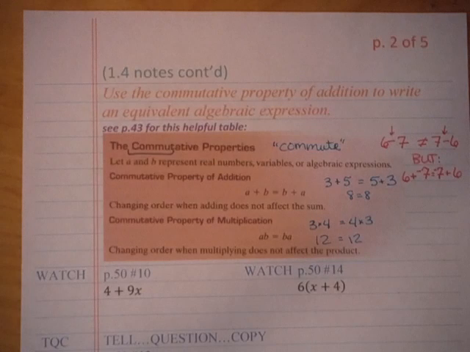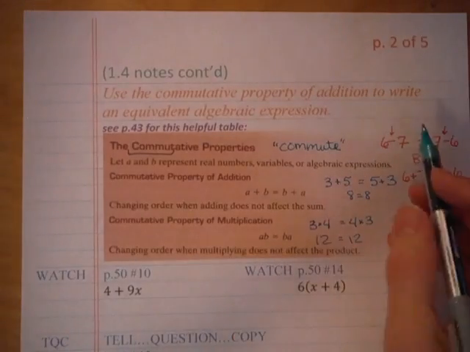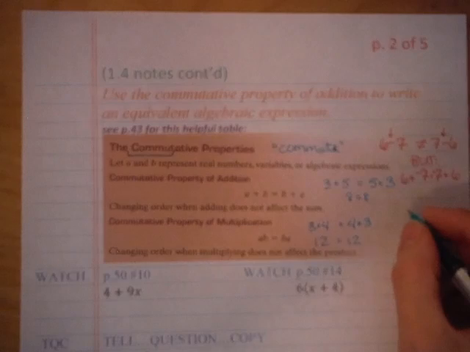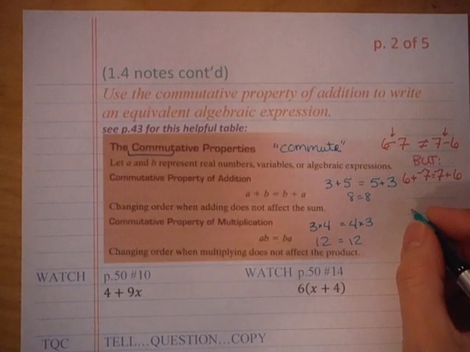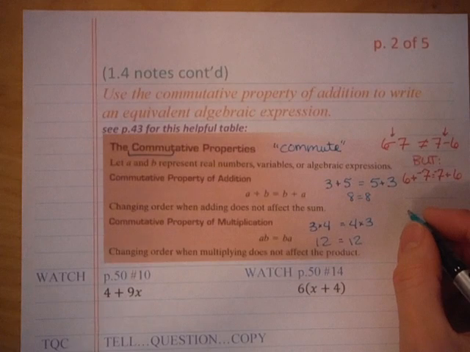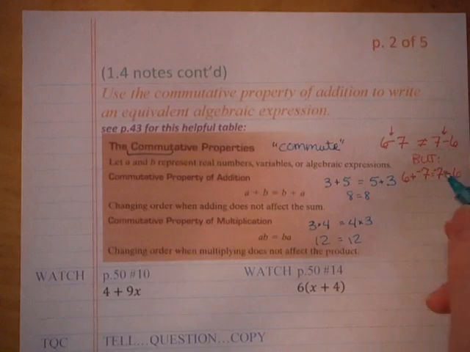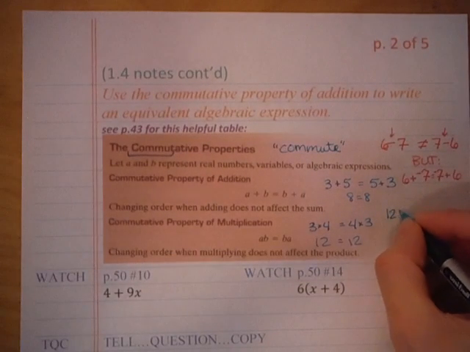Same thing with division. It's not that it doesn't work with division, it's that you have to understand what division is. Division is really multiplying by the inverse of something. So let's take the fact family here. Let's do 12 divided by 4.